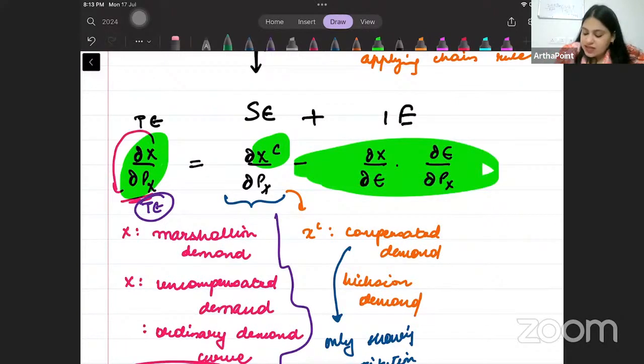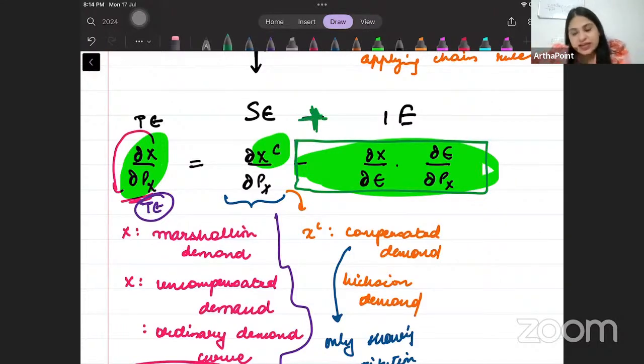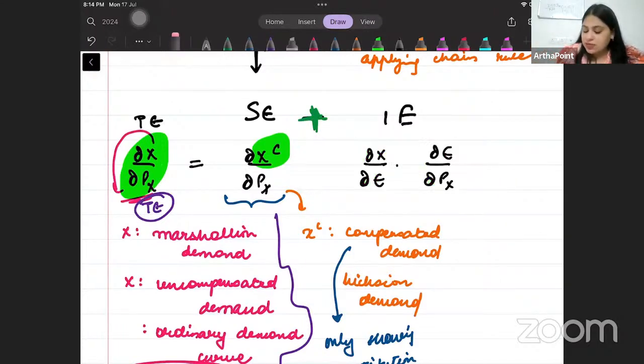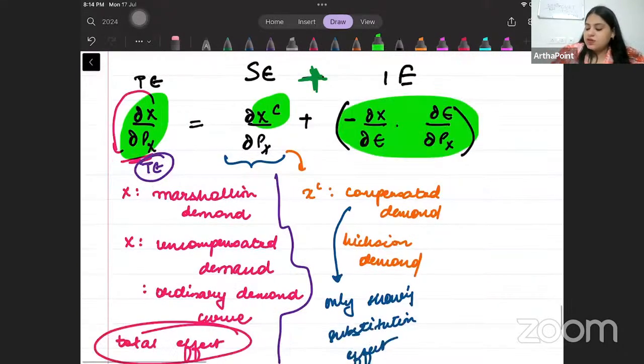Because the outside sign has to be plus, the negative has to be taken inside. So I can rewrite this somehow. I can just put minus here. This part represents my income effect.